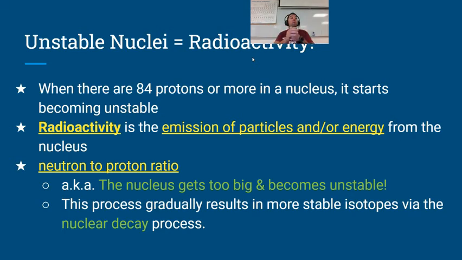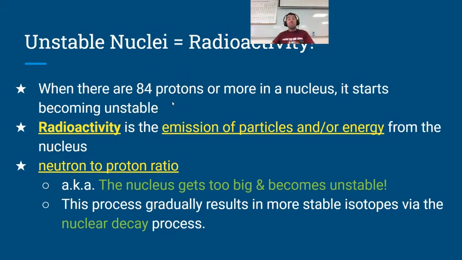Okay. So that repulsion of protons and protons being put together, when there's 84 protons or more in a nucleus, that starts getting to be too many. And they start repelling each other too much and overcoming the force that keeps them together. And so they start becoming unstable.